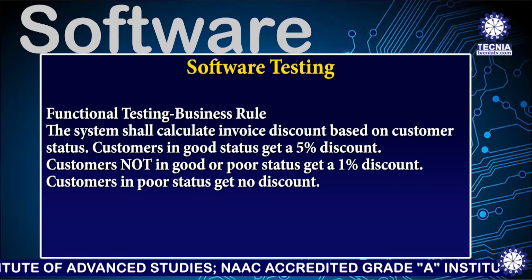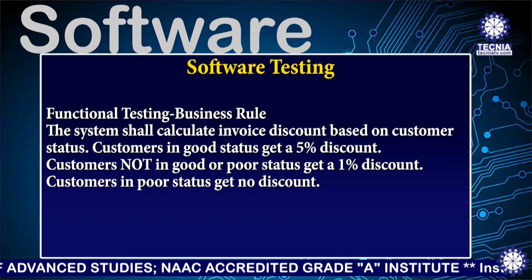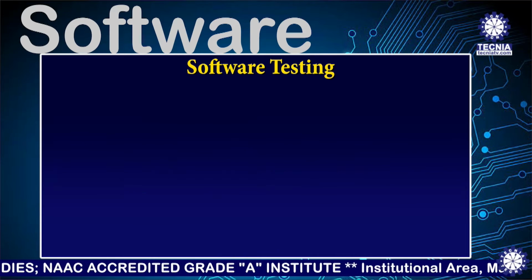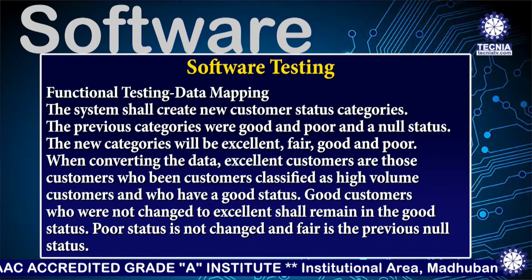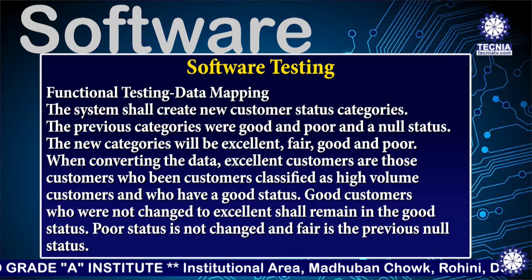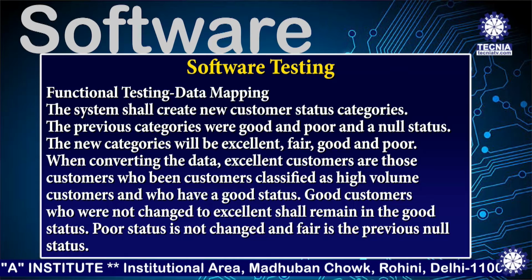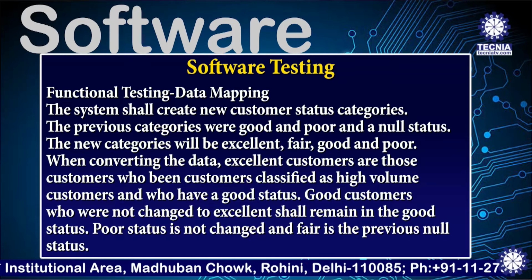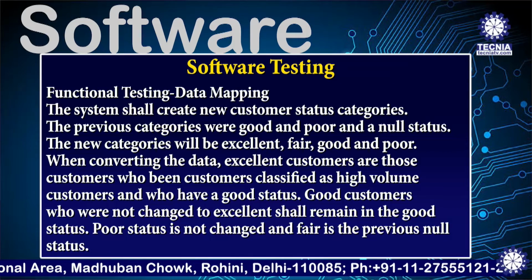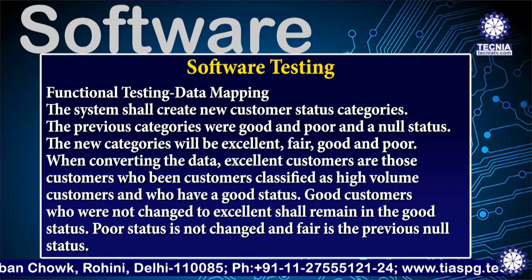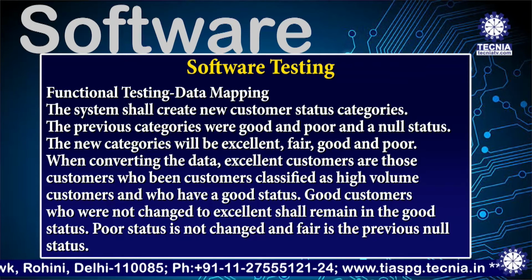After discussing the business rule, let us now discuss another criterion, and that criterion is data mapping. Friends, let us try to understand the meaning of mapping. In mathematics, the term mapping means if we have 2 sets, then the elements of the first set are related with some elements of the second set.